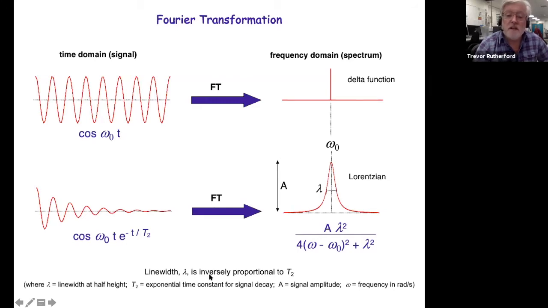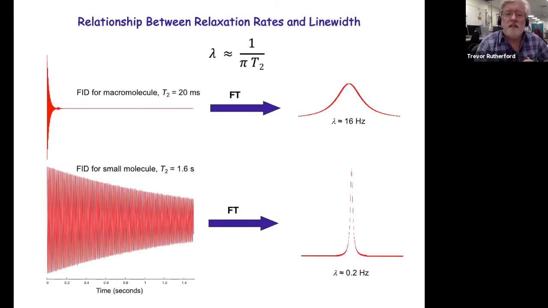The line width is inversely proportional to the rate of decay of that sinusoidal wave. So if we look at that relationship between line width and the rate of decay, you can see that for a large molecule that tumbles very slowly in solution, for a high molecular weight protein, for example, we might see a short T2 time.